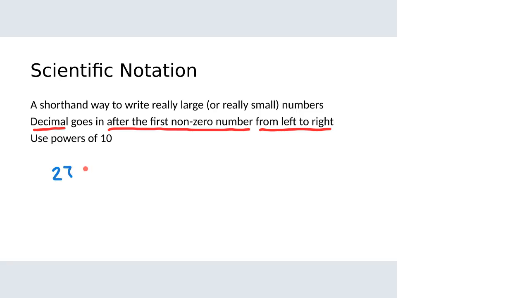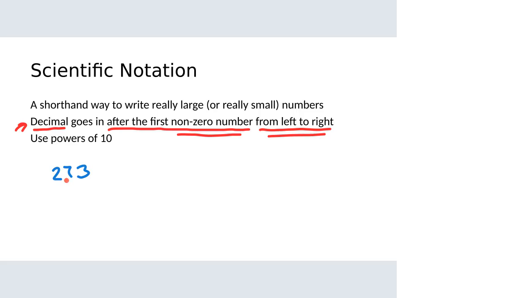Let's say I wanted to write the number 273 in scientific notation. Now you wouldn't, you'd just write 273, but just to illustrate the point, to put this in scientific notation I'm going to put a decimal after the first non-zero number as I go from left to right. I'm going to put it right here.